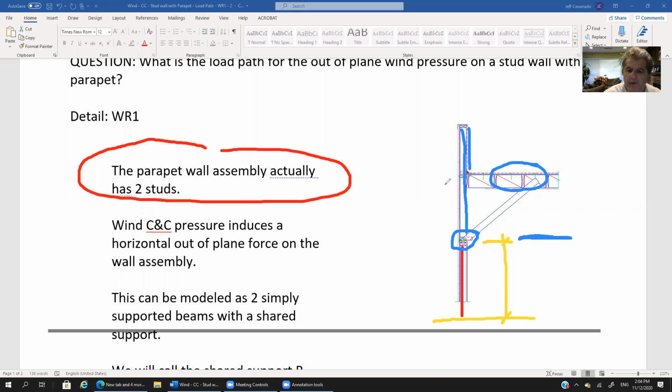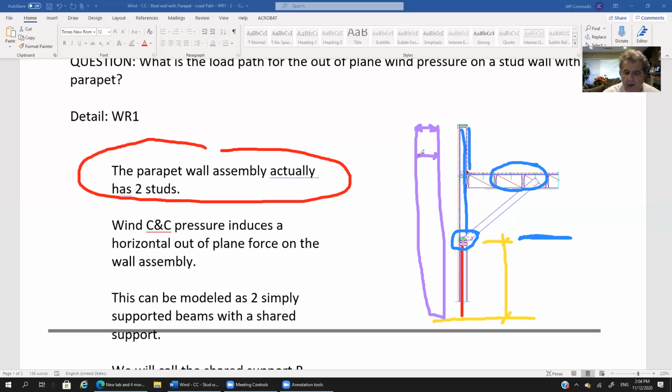So one of the forces that we need a wall assembly to resist is the out-of-plane force due to wind. So let me sketch that in. And the wind load is reversible.